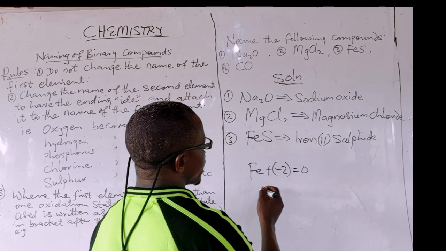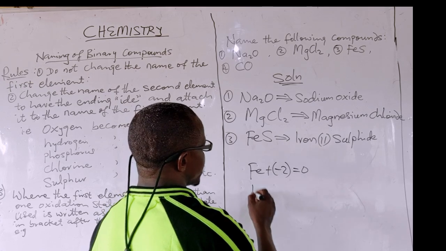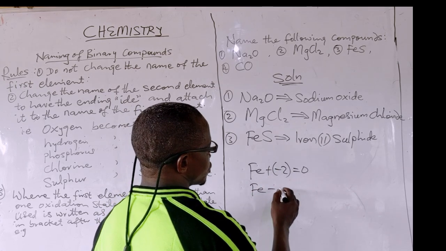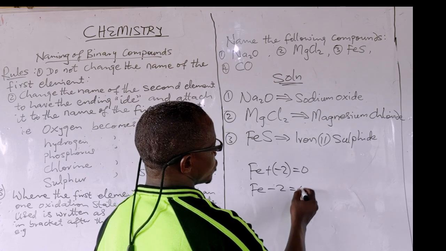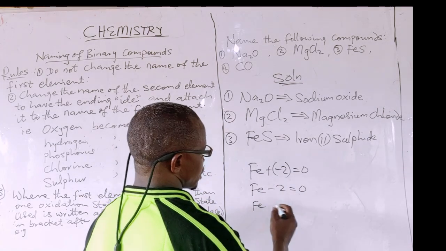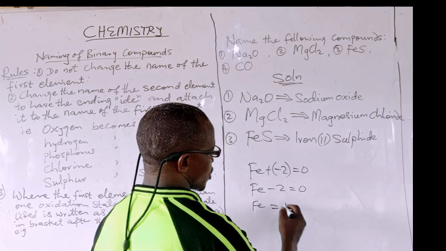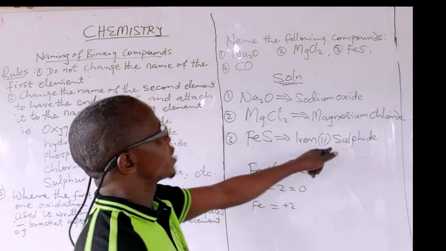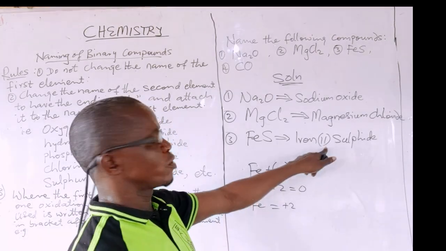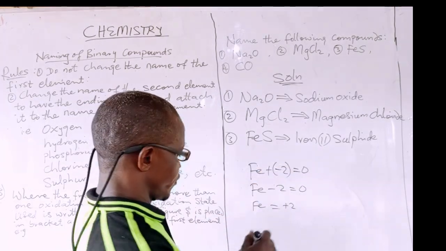Having done that, now work the mathematics. Fe plus minus 2 equals 0. Fe, take this to this side, it becomes equal to plus 2. That's how I got my plus 2. And coming here, I did not write it this way, I wrote it in Roman figure.